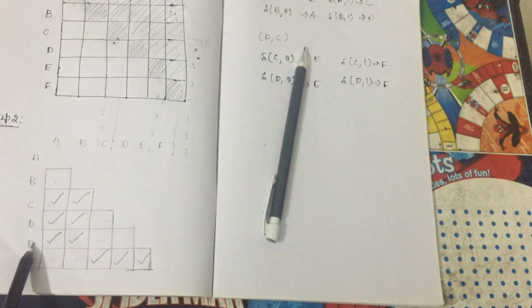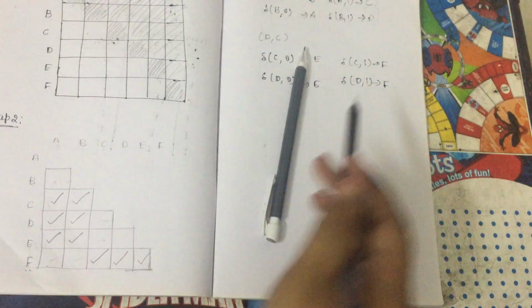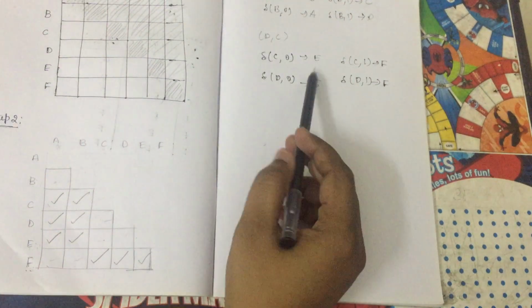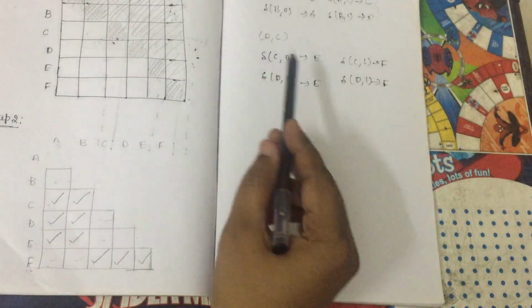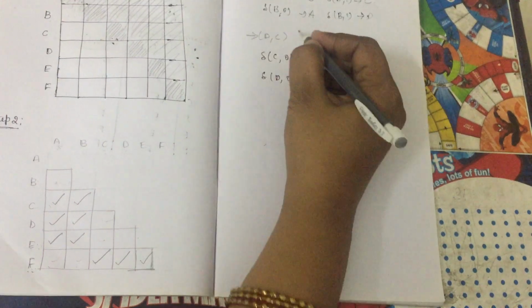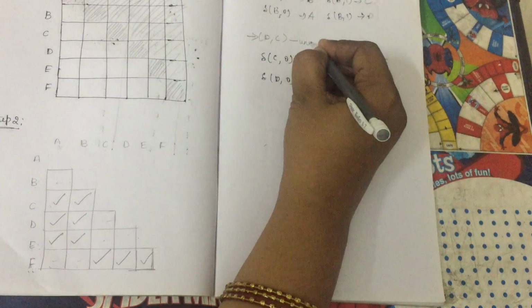No. Do we have F comma F? No. As we don't have E comma E and F comma F, this CD will remain unmarked. So the pair of states CD will remain unmarked.